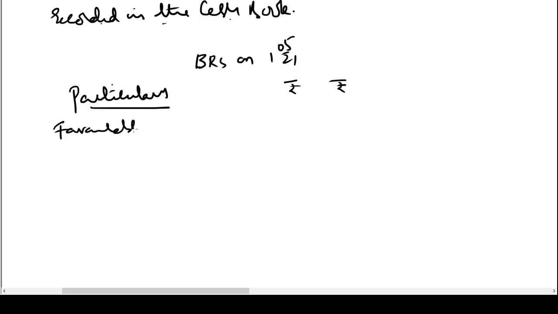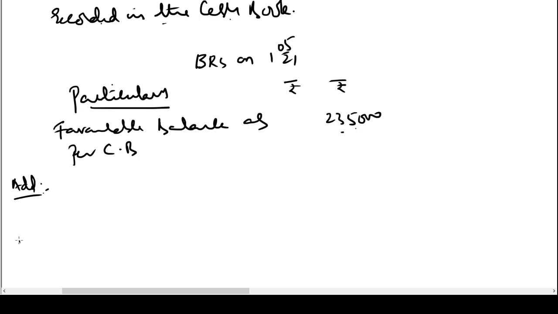Favorable balance as per cash book, it was 2,35,000. Add and less. Now we have two items here. One amount is 50,000, the other amount is 5,000.